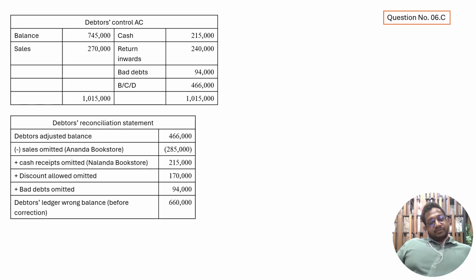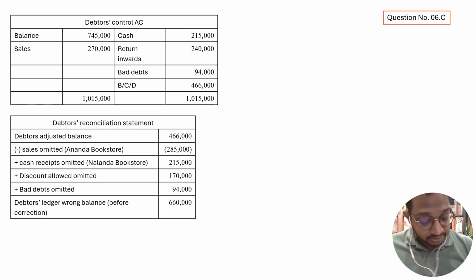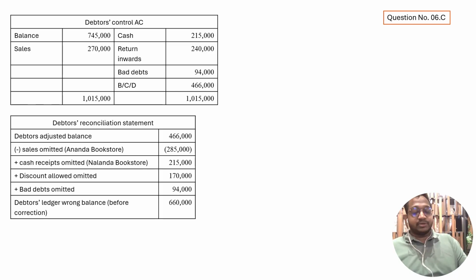Okay, kids, we are coming to the last slide, and it's about the debtors control account and subsidiary ledgers. So here they are asking to prepare the adjusted debtors control account. The balance given in the debtors control account is 745,000.